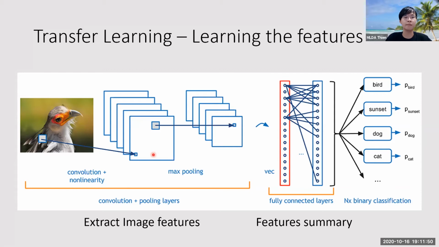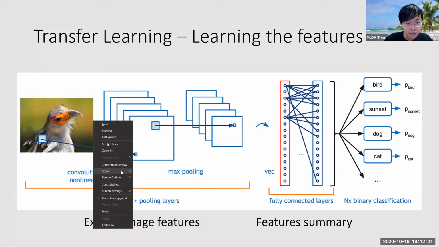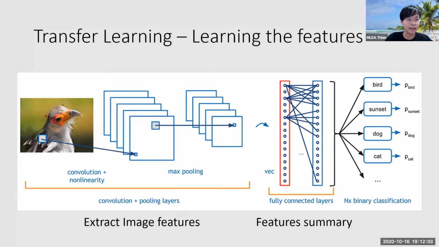The reasoning behind convolutional layers is that they are very good at extracting, for example, vertical edges. Okay, change my pointer. For example, they can identify the edge of the bird here, or maybe identify the round shape of the eyes. We don't actually know what they are trying to extract, but that's the reasoning behind using convolutional layers.